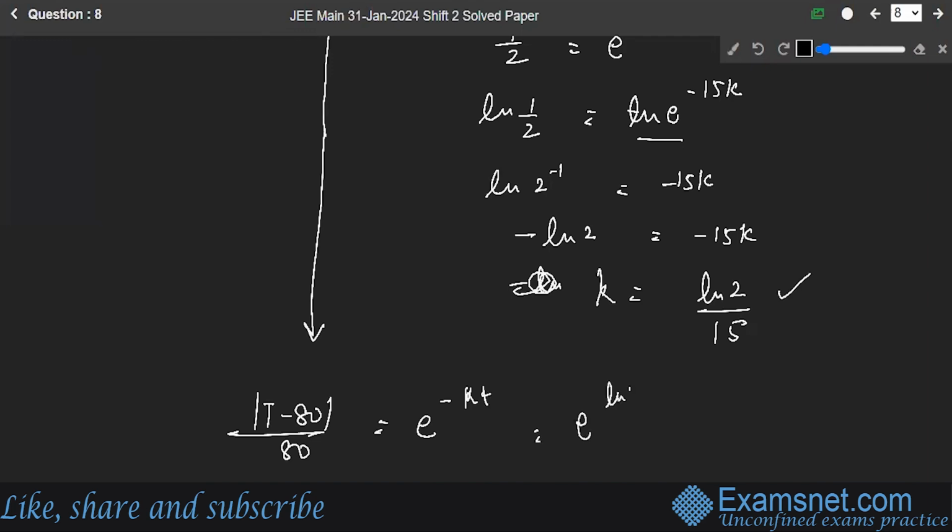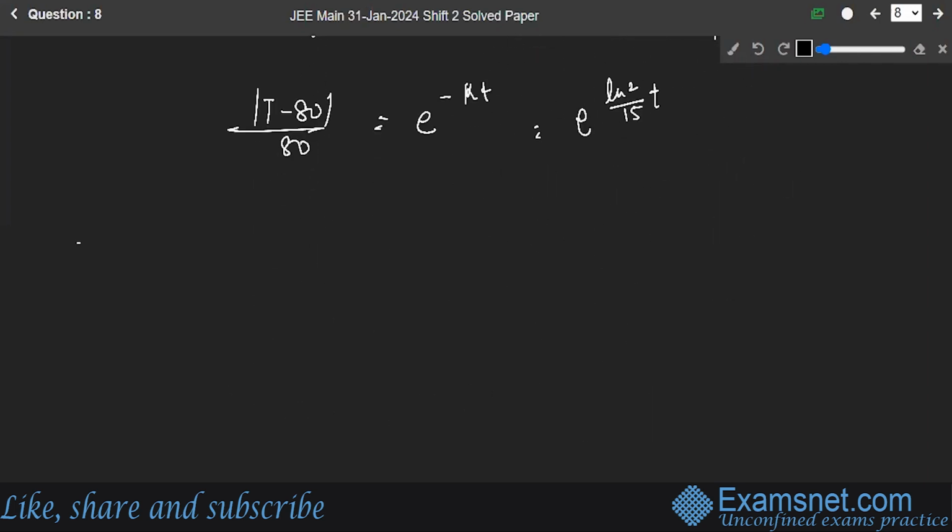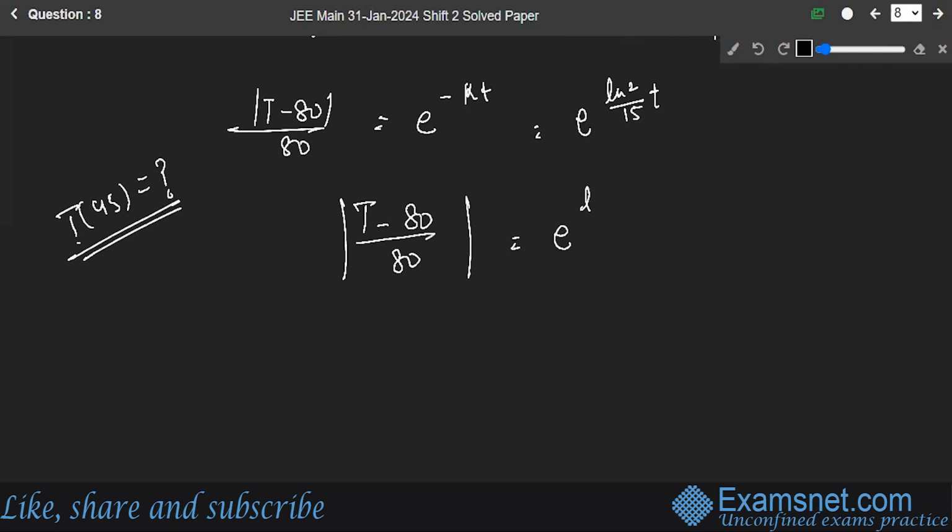I will put log 2 upon 15 into t. And now what you have to find out was T45, that is the temperature when the time is equal to 45. So T minus 80 upon 80 whole under the mod is equal to e raised to power log 2 upon 15 into 45.